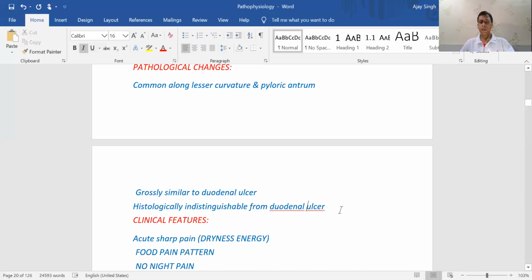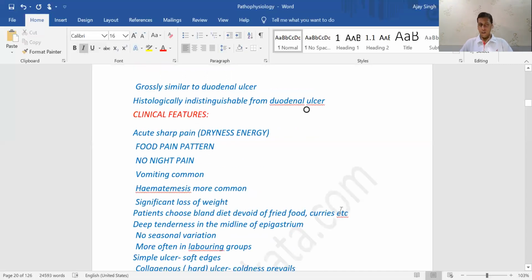So what can be the symptoms? For gastric ulcer, there will be acute sharp pain in the epigastric region, and the pain pattern will be a food pain pattern. It means when the patient eats something, they will have pain, because when food goes inside the stomach, that food can irritate the mucosal membrane if there is an ulcer, and that can cause the pain.